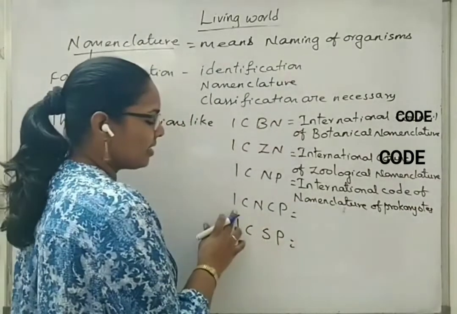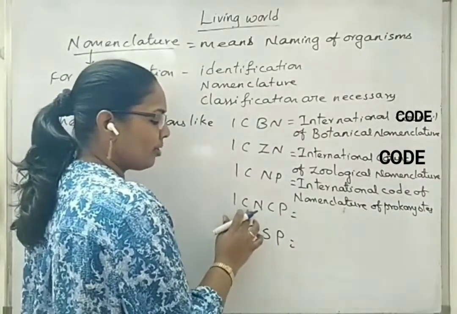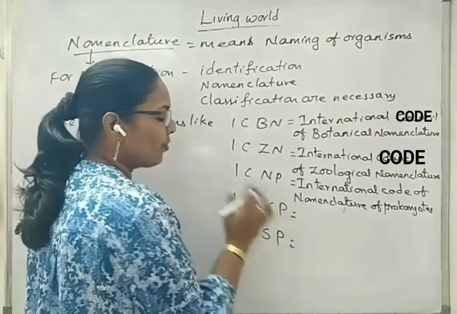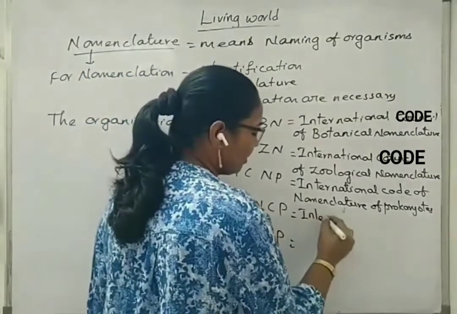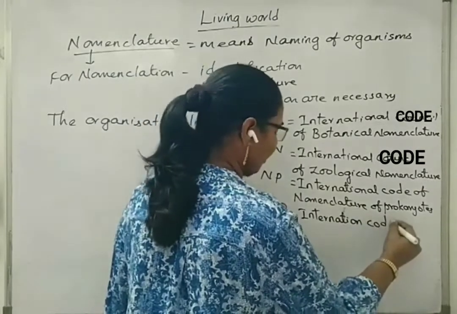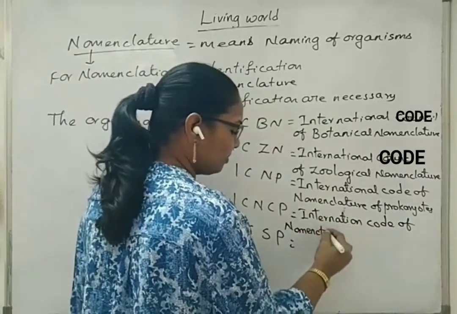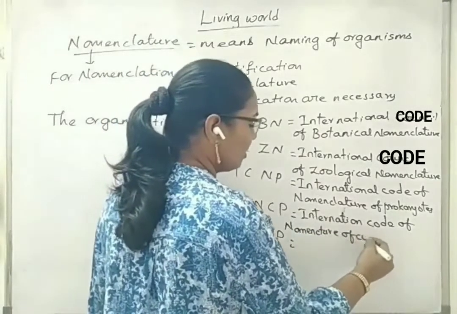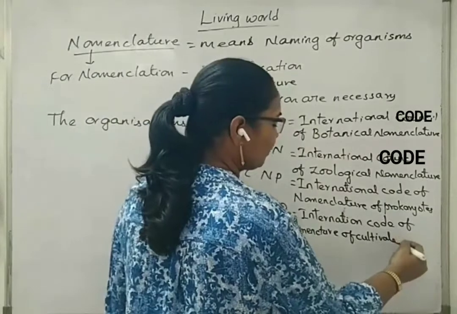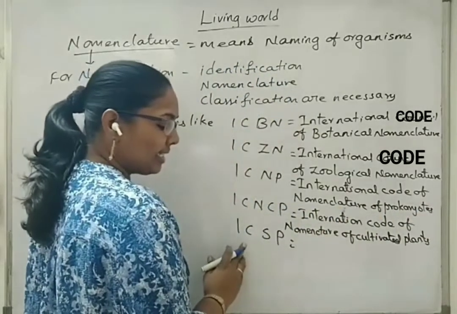What is ICNCP? This is International Code of Nomenclature of Cultivated Plants. What is ICSP?